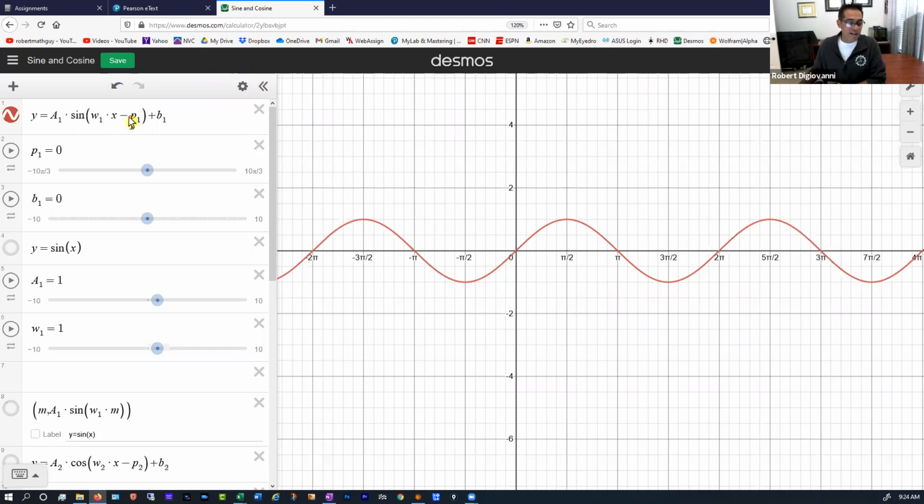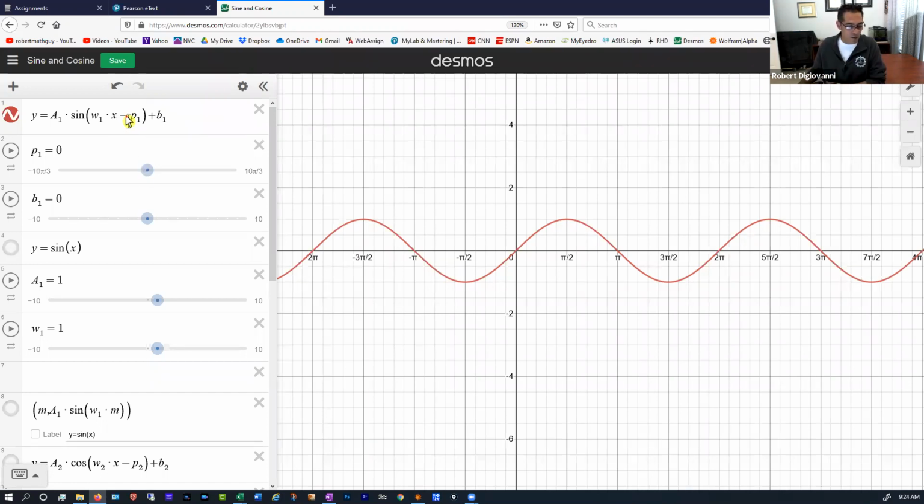If you subtract a number inside the function, it moves it right. And if you add a number, it moves it left, which is opposite of the way vertical shifts work. Vertical shifts, if you add a number, it goes up. If you subtract a number, it goes down. But here, when we subtract a number, we go to the right, and add, we go left.